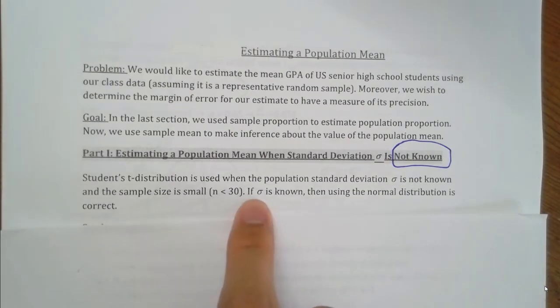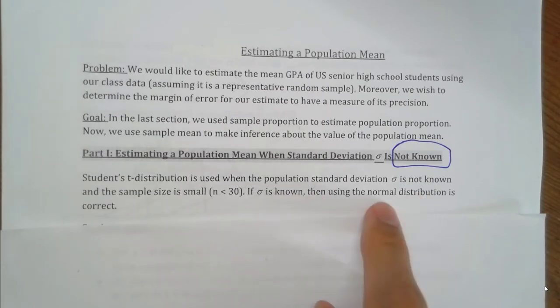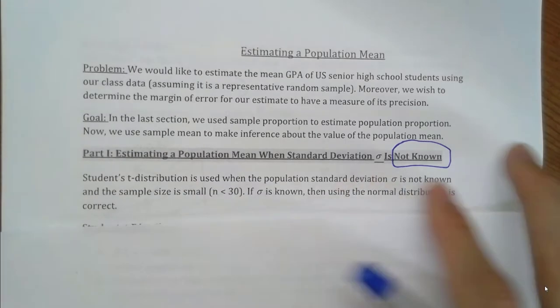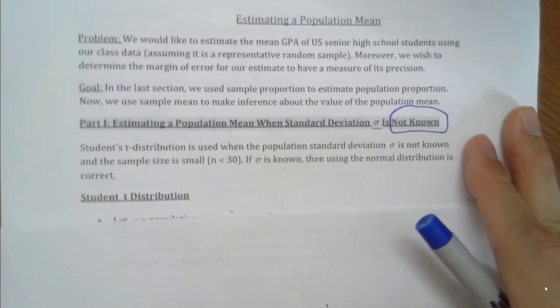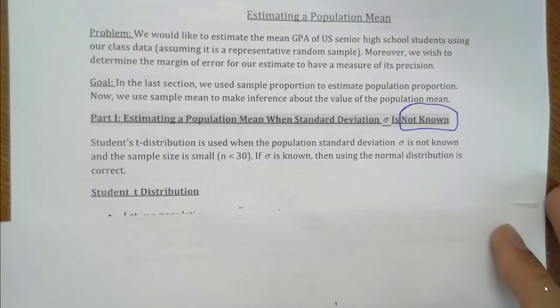However, if the standard deviation is known, then we use the normal distribution instead of the student T. So let's take a look at the characteristics of the student T.